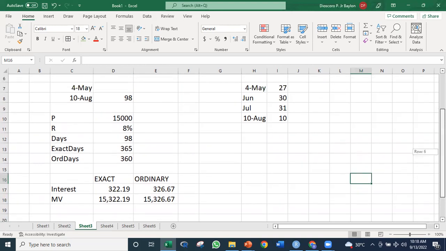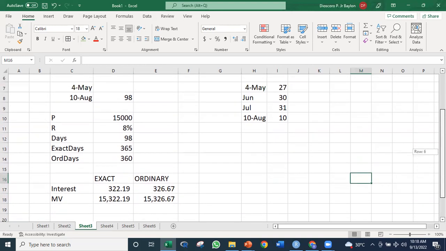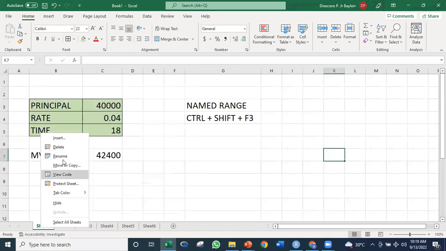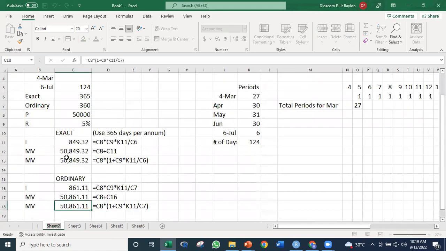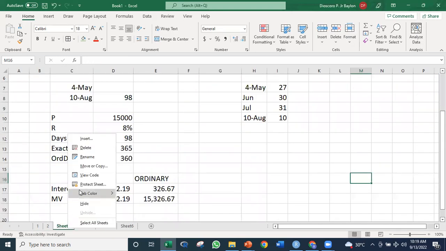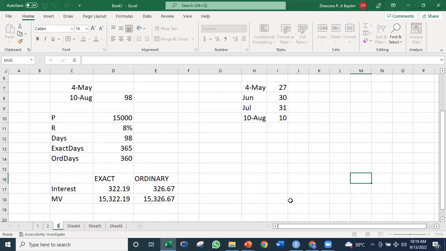Okay, so again, let me pause for a while, and I'll entertain questions. I'm sorry, I might have been going too fast. But this is just another example to reinforce what we just did a while ago. I'll share this Excel spreadsheet with you. Okay, any questions?